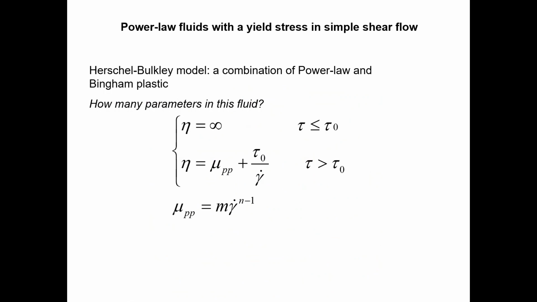So how many parameters do you have in this one? N, tau 0. And this is your effective viscosity as a function of shear rate with 3 parameters.